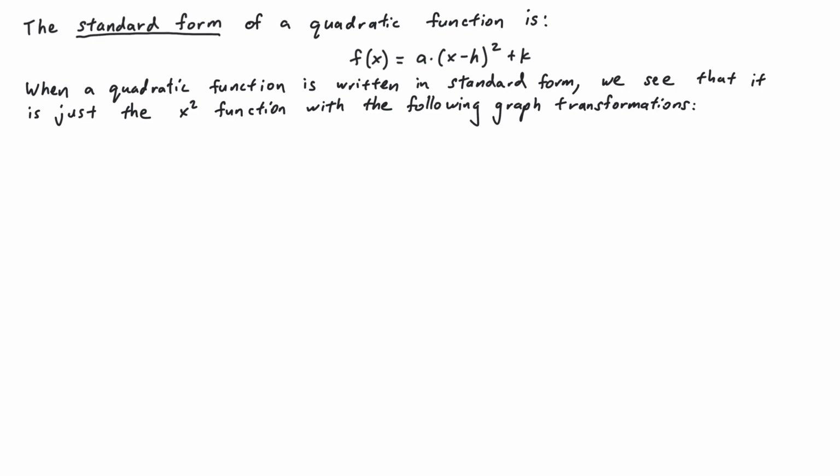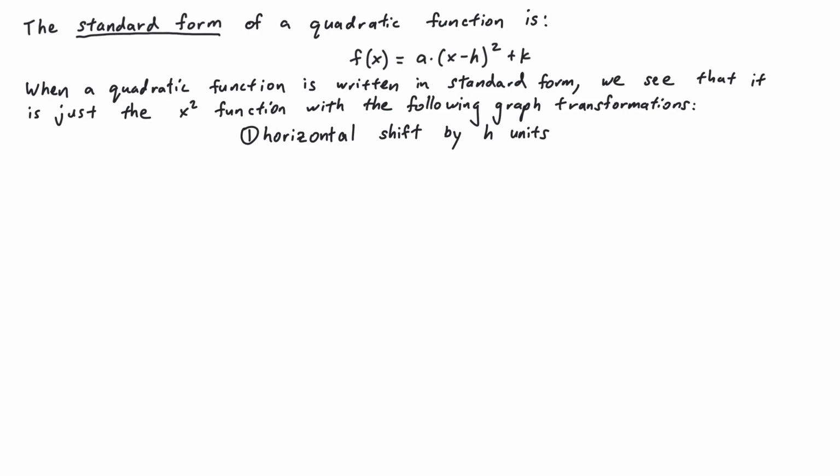If we look within the square for our horizontal transformations, we see an x minus h inside the square. This would correspond with a horizontal shift by h units. If h is a positive number, then x minus h would be a shift to the right h units. If h is a negative number, then the double negatives will turn it into a plus, which would be a shift to the left h units.